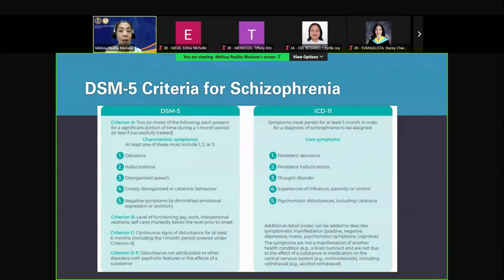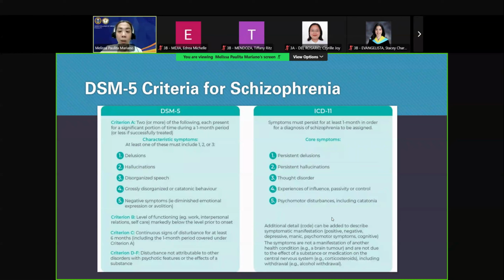If both delusions and hallucinations then last for another month, that meets the 6-month criterion, and the active symptom period for the 1 month as stated in criterion A. I hope you can keep in mind that we cannot diagnose schizophrenia in 1 month; there must be continuous signs of disturbance for at least 6 months for the diagnosis to be made. Finally, it's not attributable to other disorders with psychotic features or the effects of a substance.